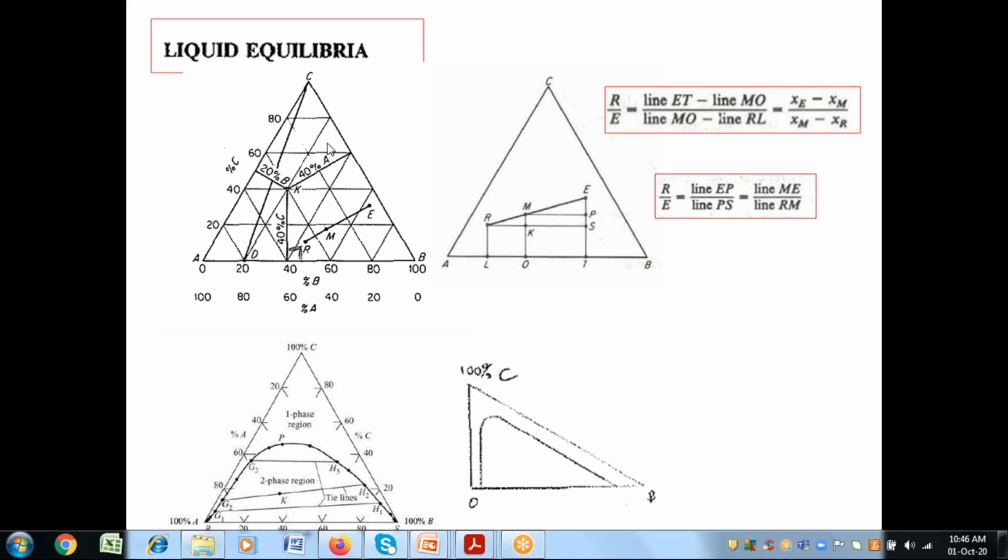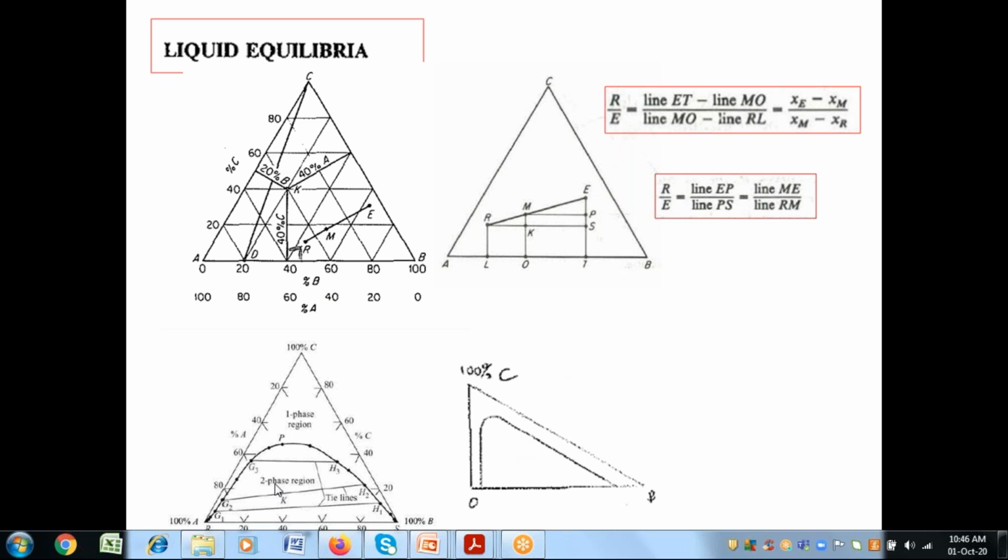If you put here another point, then it will have this much of C and this much of A and this much of B. Like that you can draw the mixture points at different locations in the equilateral triangle.